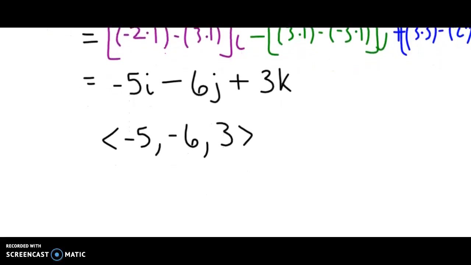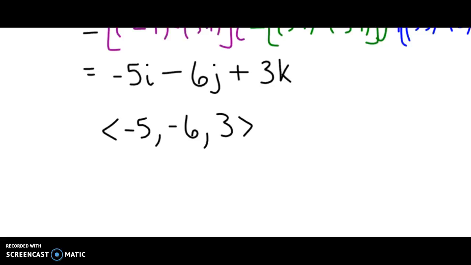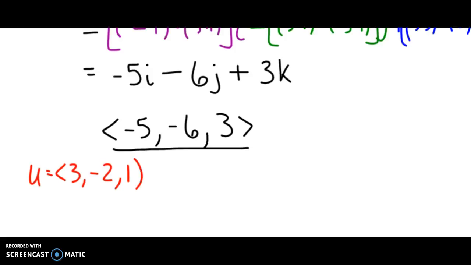So now those are the components of my cross product vector that creates a right angle with both u and v. And what we can do is check that by finding the dot product between u and this vector, and v and that vector. So if I was going to do that, just a reminder, u is 3, negative 2, 1, and my cross product.